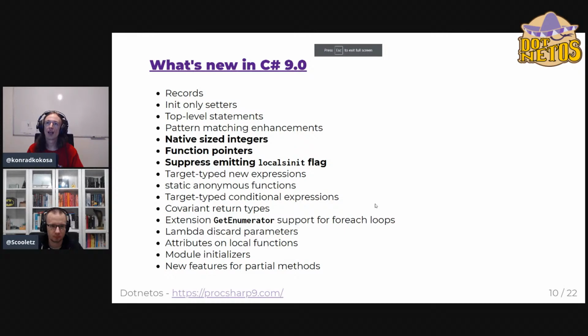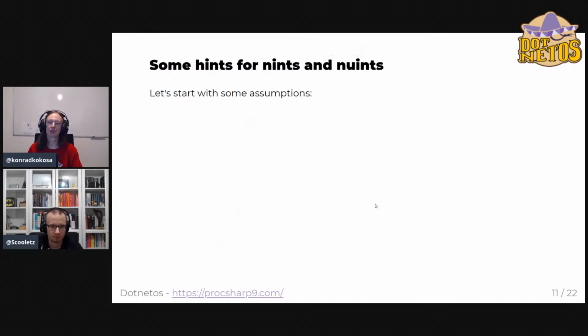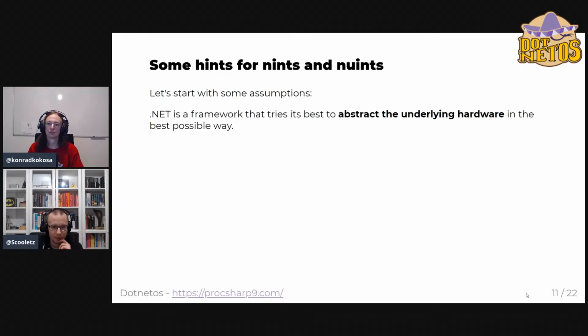So native sized integers. Can you elaborate, Szymon, a little bit about it? So let me provide some hints for nints and nuints, or however that should be pronounced. If we could go back just a little, let's start with some assumptions, a common understanding of how the .NET Framework works, or .NET 5 nowadays.